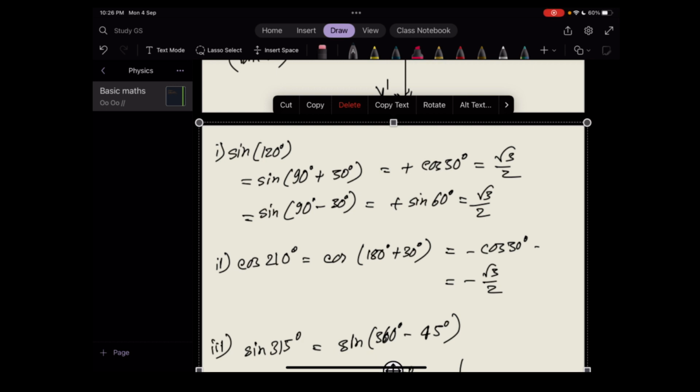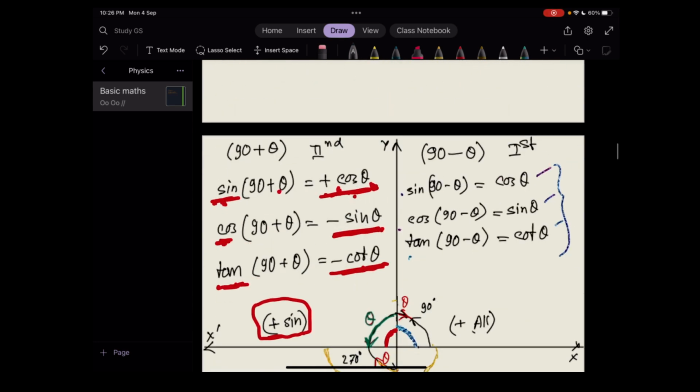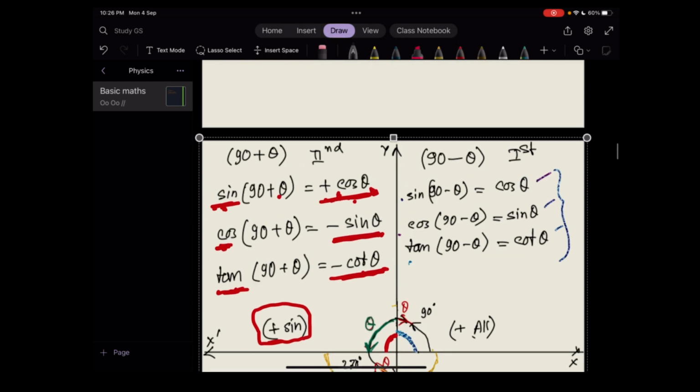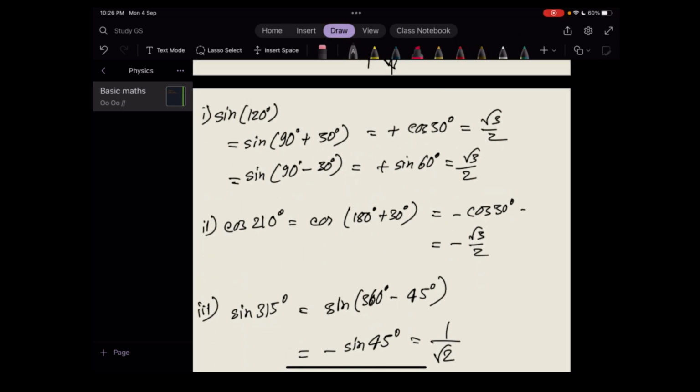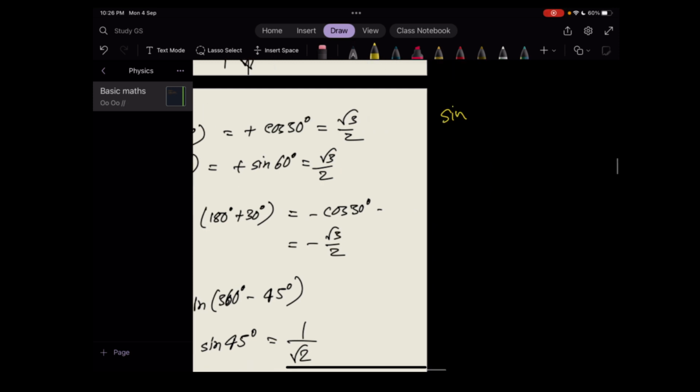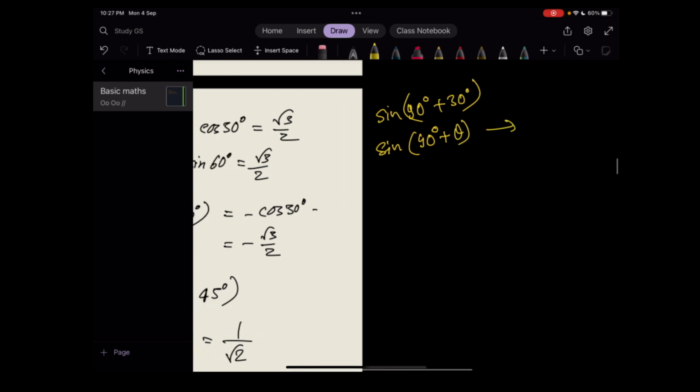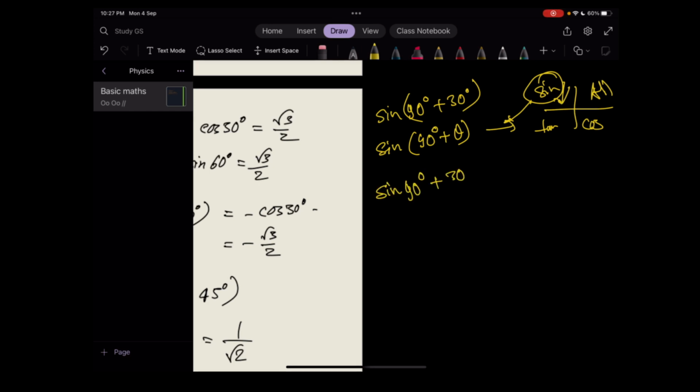So sine of 90 degree plus 30 degree must be sine of 90 degree plus theta, which lies in the first quadrant, where all of sine, tan, cos are positive. In the first quadrant, sine must be positive, so sine of 90 degree plus 30 degree means plus cos theta.